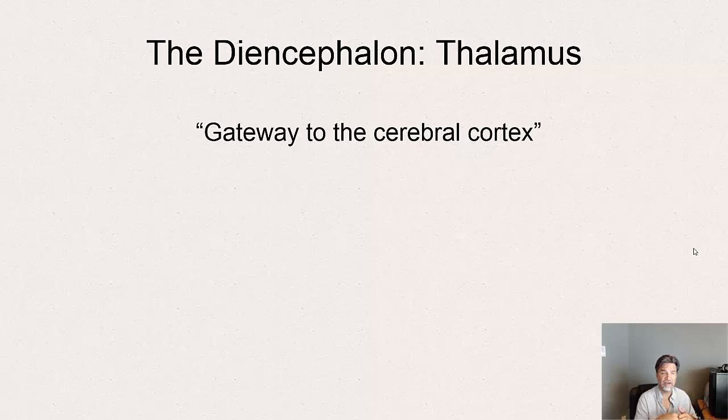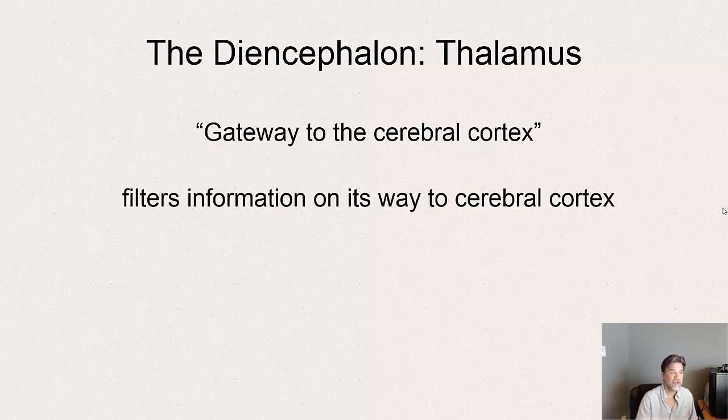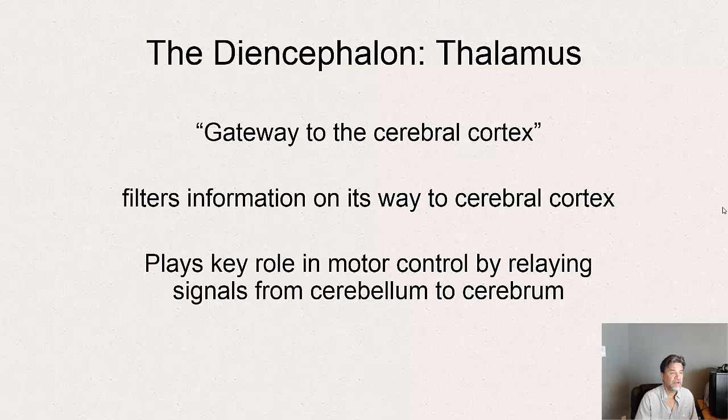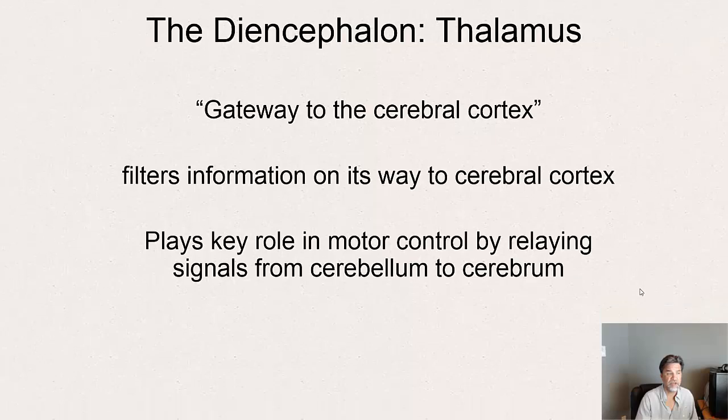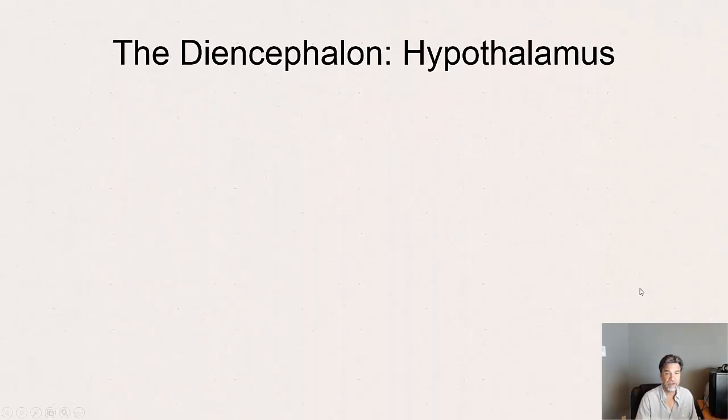So we block that out. Okay, so it's the gateway. Filters the information, plays a key role in motor control by also acting as a relay between the cerebellum and cerebrum.